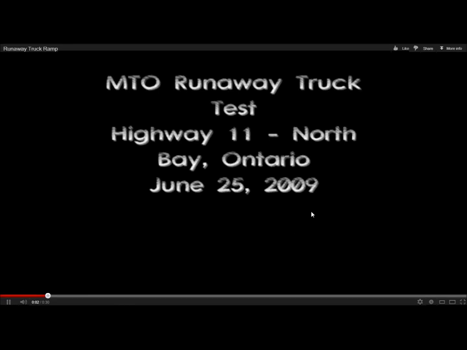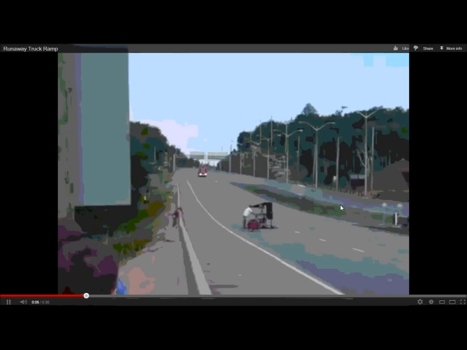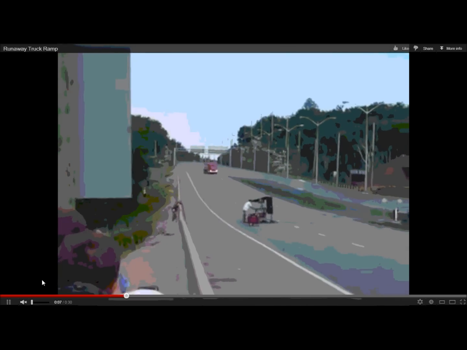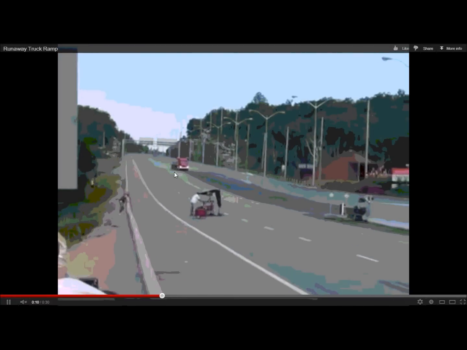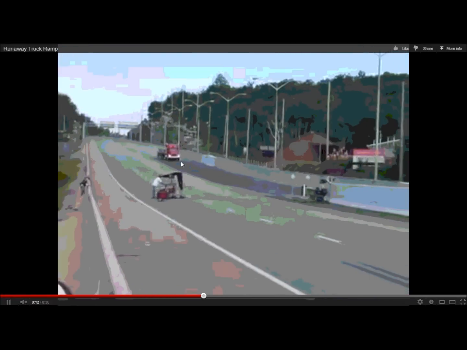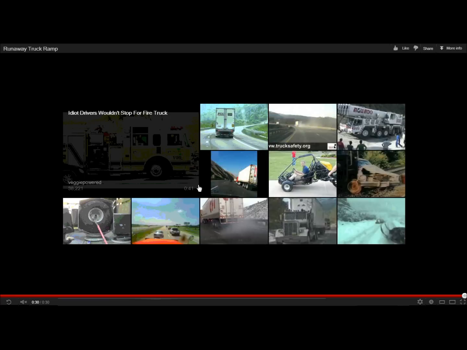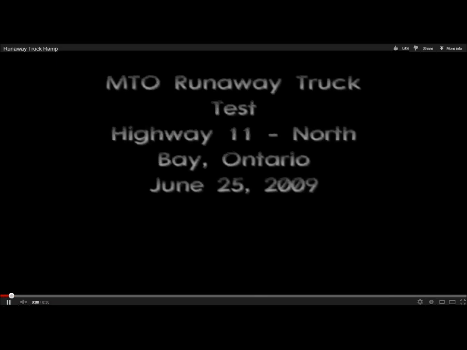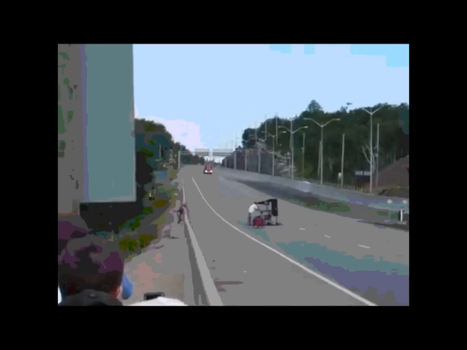All right, so this was a runaway truck test. What you'll see is this truck is not going to hit brakes. Runaway truck ramps are designed to help with trucks that lose their brakes on really steep inclines. When the truck hits the sand, it slows the truck down. Brakes can get really hot if used too much, and especially if you have something extremely large, like a semi-truck, then those brakes can get a lot of wear.